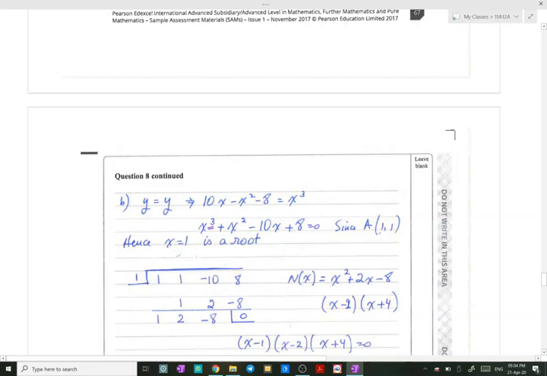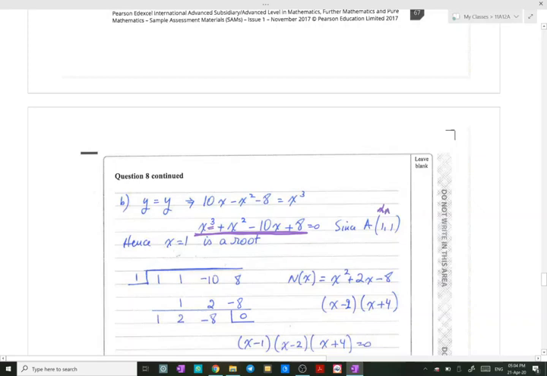Now we already know that x equals 1 is a root of this equation because A has its x, so x of A is 1, and we already proved that it satisfies the two curves. Therefore x equals 1 is a root of this equation.